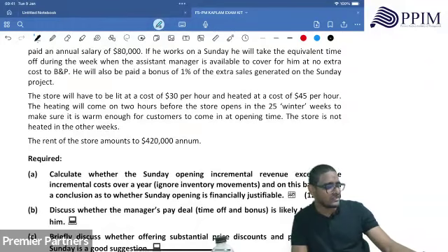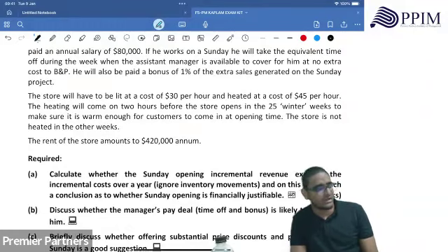Right, let's quickly do this question. So my suggestion in terms of working on these 12 marks is first find out what your revenue is going to be on Sunday. Then calculate other costs, maybe staff cost, lighting cost.